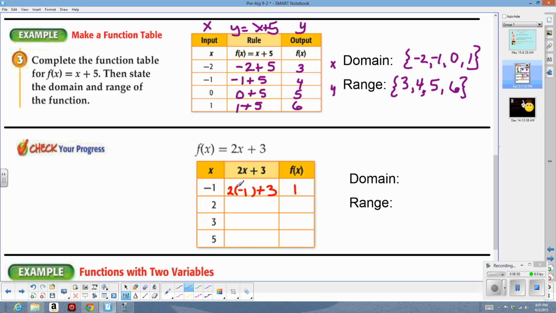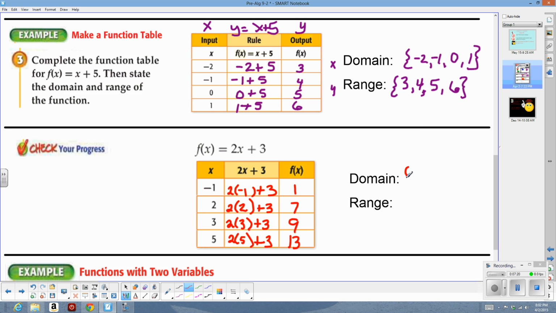Now I'm going to plug in 2 for x. 2 times 2 plus 3. 2 times 2 is 4, plus 3 is 7. Now I'm going to plug in 3. 2 times 3 is 6, plus 3 more is 9. Now I'm going to plug in 5. 2 times 5 plus 3, so 2 times 5 is 10, plus 3 is 13.